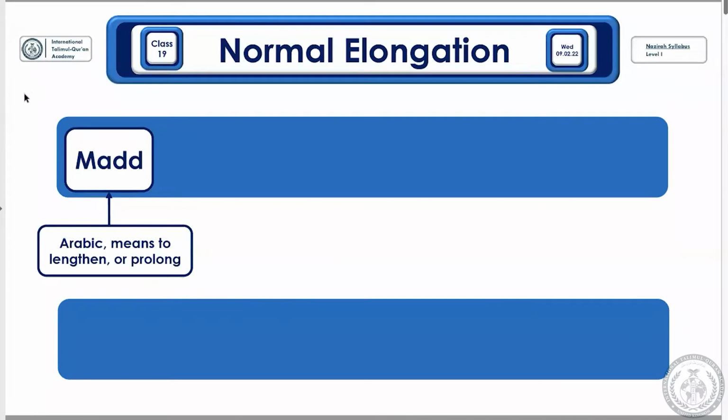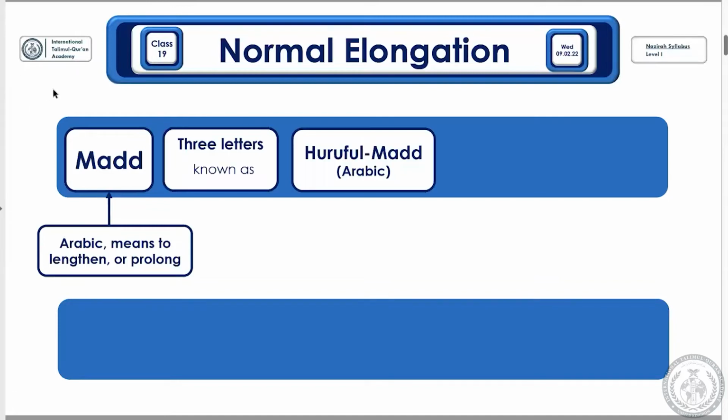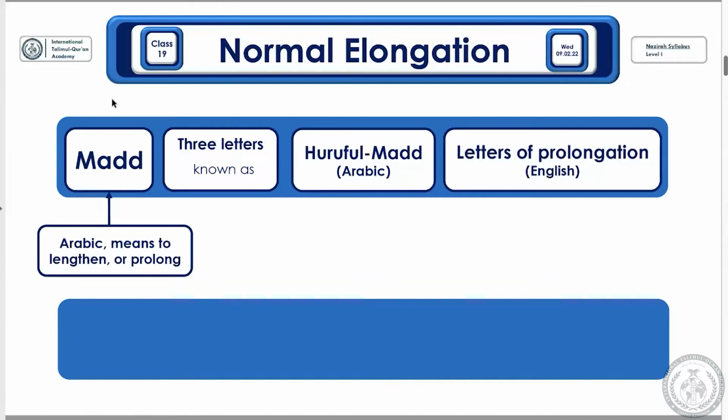Let's have a look at our normal elongation. So just to remind you all again, mad is an Arabic word which means to lengthen or to prolong. There are three letters known as huruful mad in Arabic, and in English, they are known as letters of prolongation.